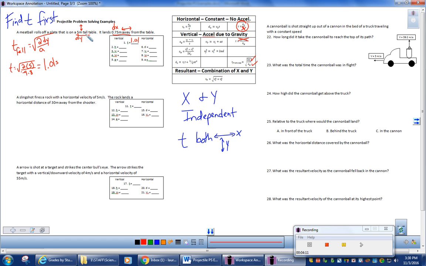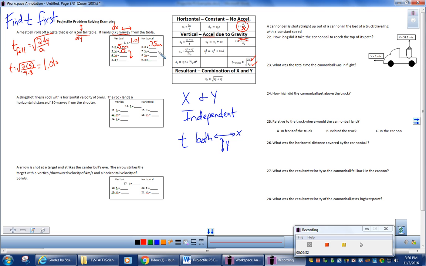Again, I know that my height, my vertical distance, was 5 meters. I know that my horizontal distance was 0.75 meters. And now I can go and start to solve for my remaining things. Because I'm falling, I know that my initial velocity in the vertical direction is 0.